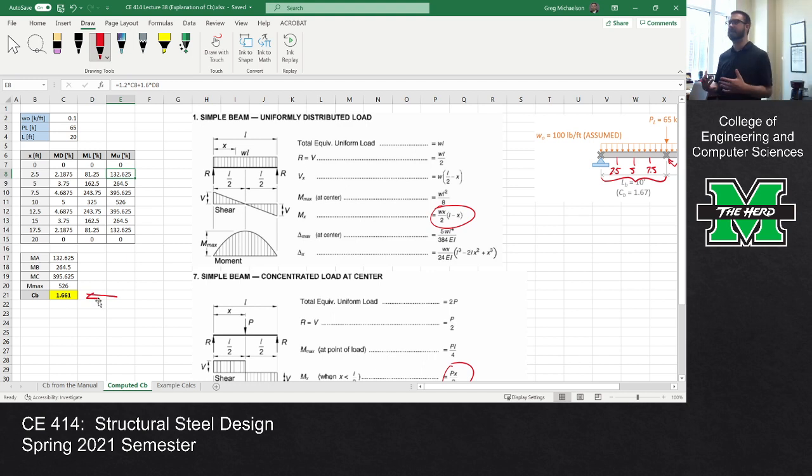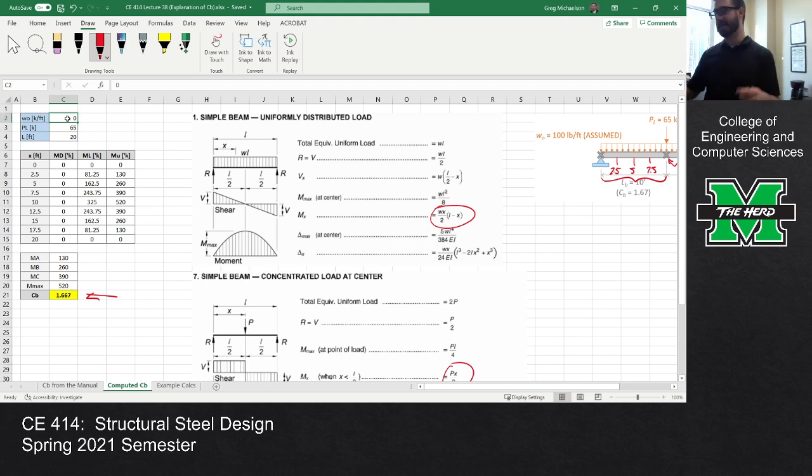The CB value is 1.661, but I used 1.7. Well, 1.7 comes from when you consider that the dead load is negligible. If I were to take this dead load and set it equal to 0, it goes to exactly 1.67. But the more dead load that you apply, the more that 1.67 becomes inaccurate.